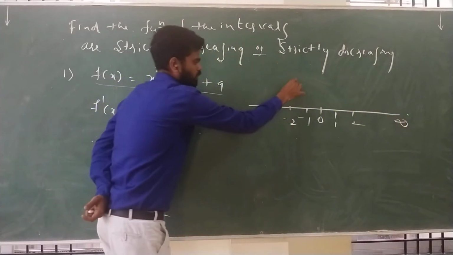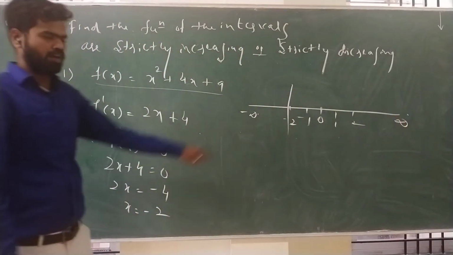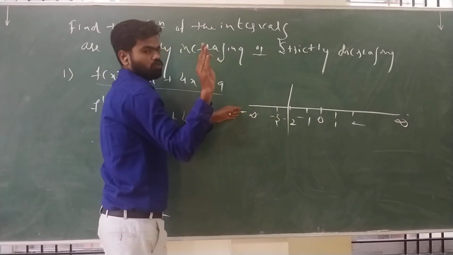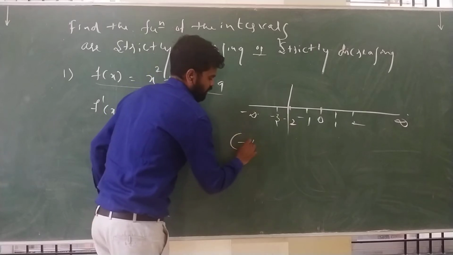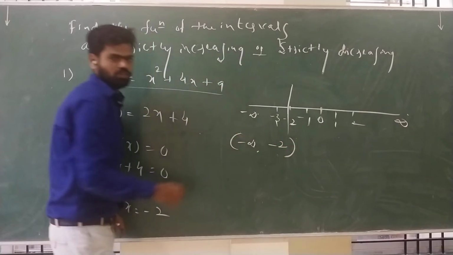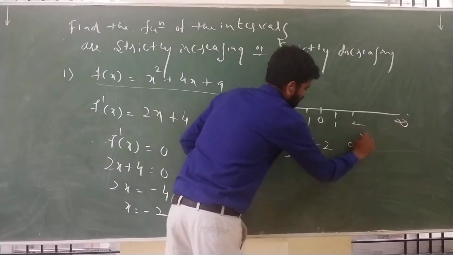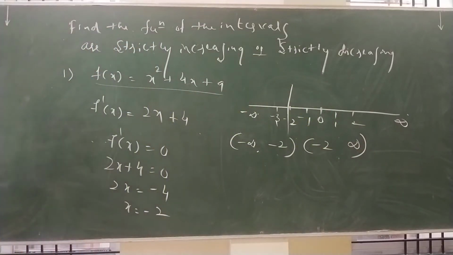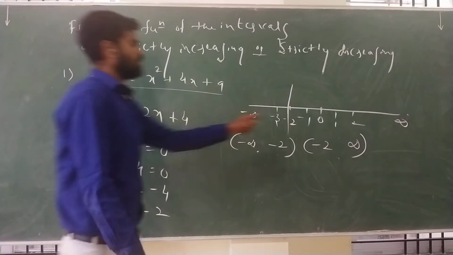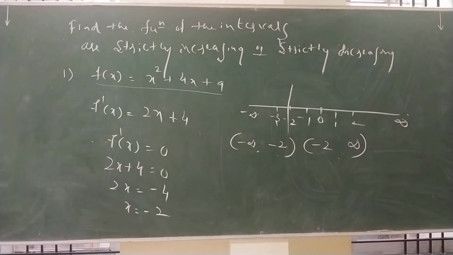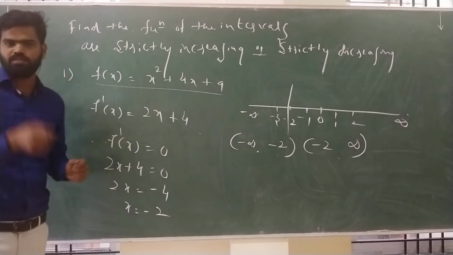So there are two intervals. The first interval is minus infinity to minus 2, and the second interval is minus 2 to plus infinity. Of these two intervals, one interval will be strictly increasing and the other strictly decreasing, or both increasing or both decreasing.